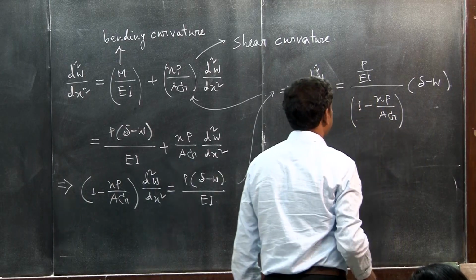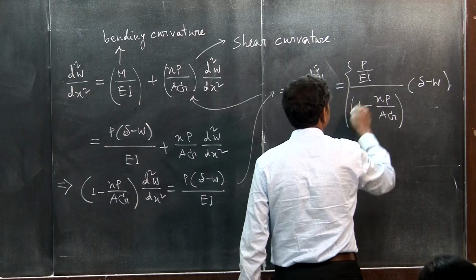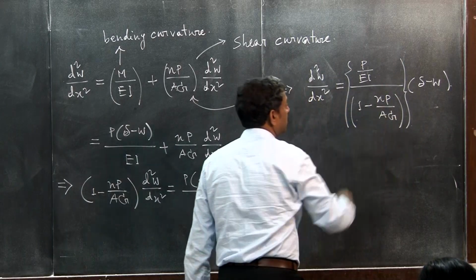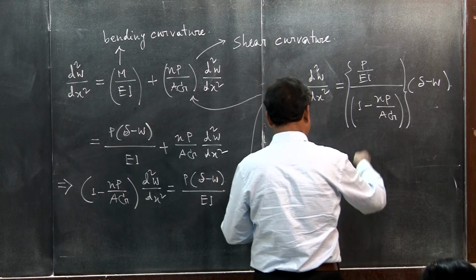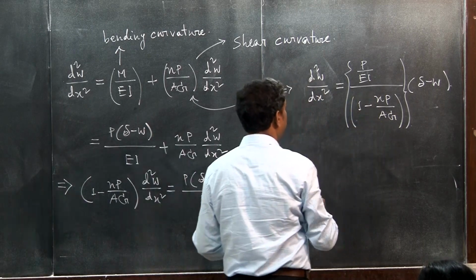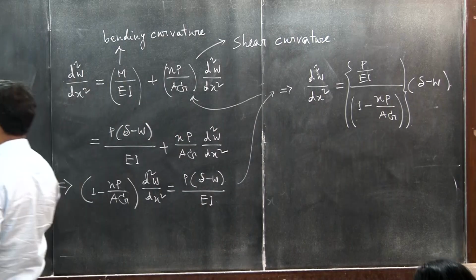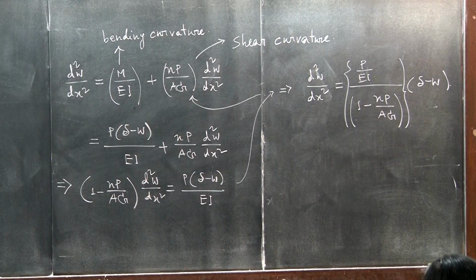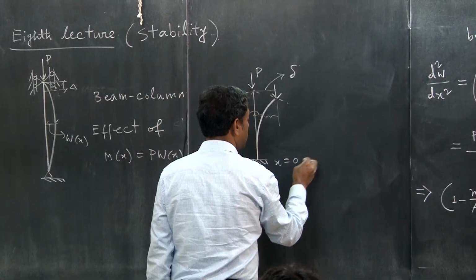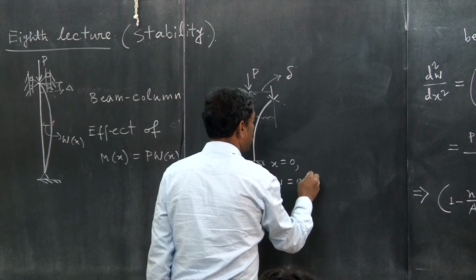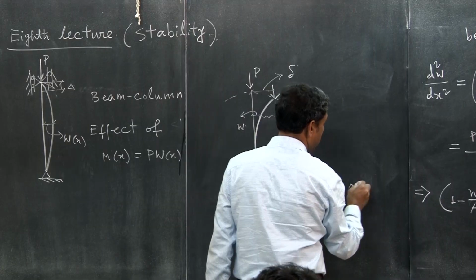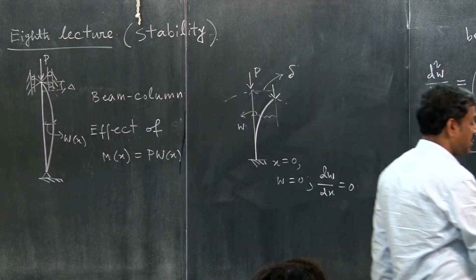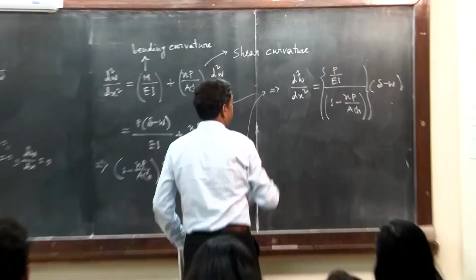This is basically the term which will be the eigenvalue. If you enforce the boundary conditions, maybe for this fixed and hinge, you write that at x is equal to 0, w is equal to 0 and dw dx is equal to 0, something like that. Then if you solve it, you will be enforcing this.